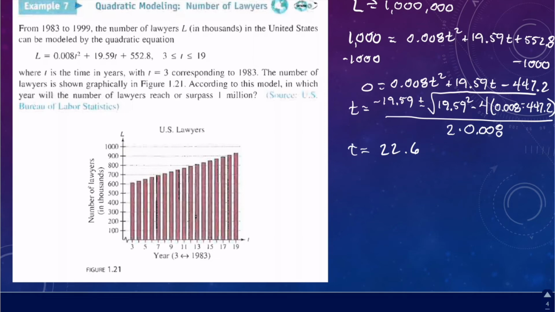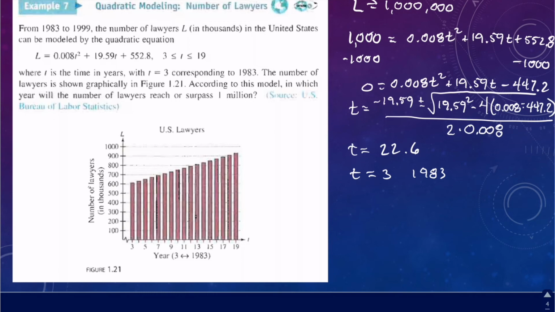So that's basically saying t is equal to 22.6. Now, if t equals 3 is 1983, then t equals 22.6 is about 19.6 years beyond that.